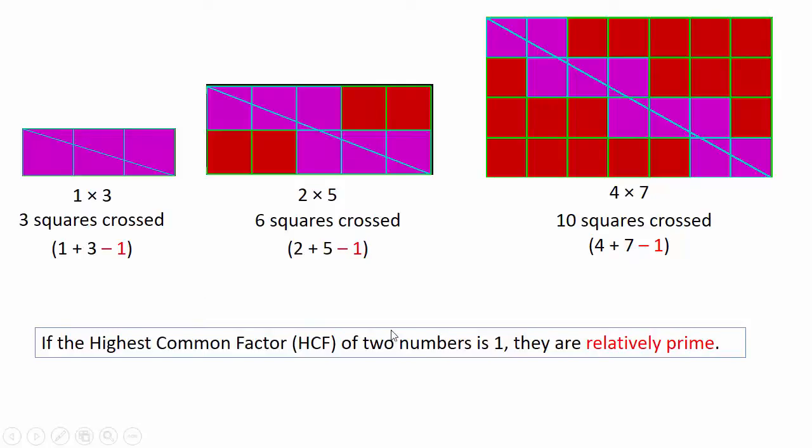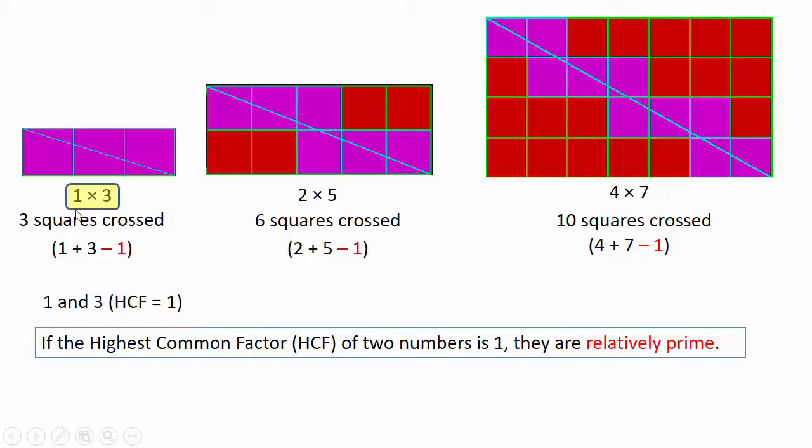What we've shown so far is that if the highest common factor of two numbers is 1, that's when the simple formula that we've had works. And when that's the case, when the highest common factor of the two numbers is 1, the two numbers are said to be relatively prime.